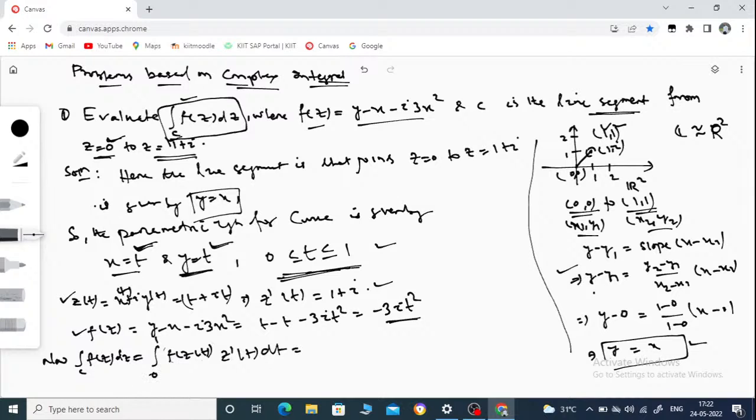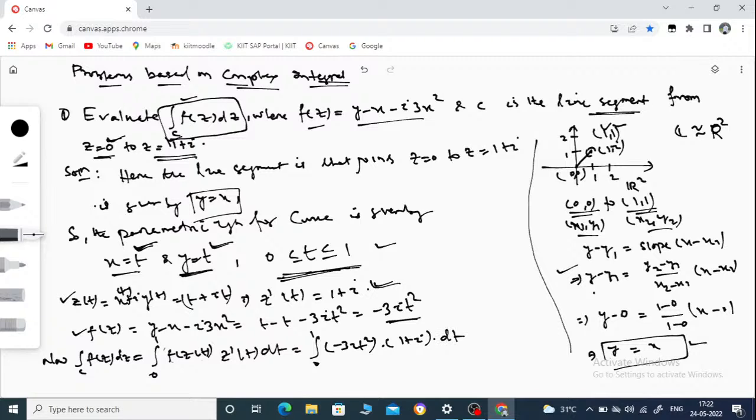So this is t from 0 to 1, and your f of z of t is your minus 3i t square. Then z dash t, this is your 1 plus i, and then dt.